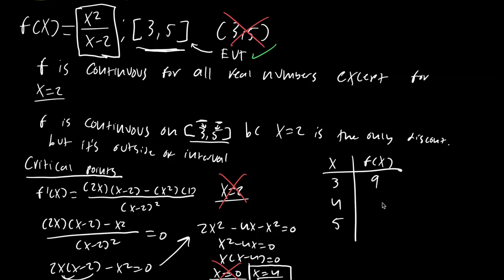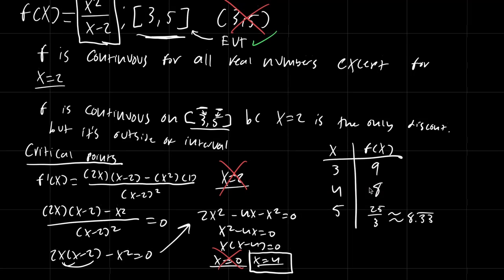Plugging in 4, we get 16 over 2, which is 8. Plugging in 5, we have 25 over 3, which is approximately equal to 8.33 repeating. And then we are basically done.